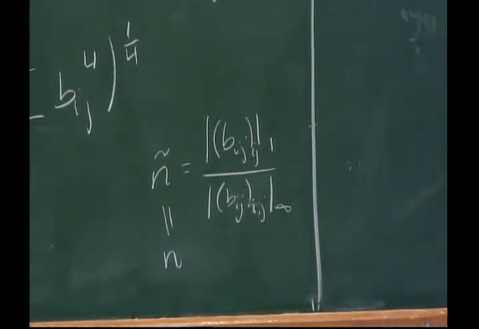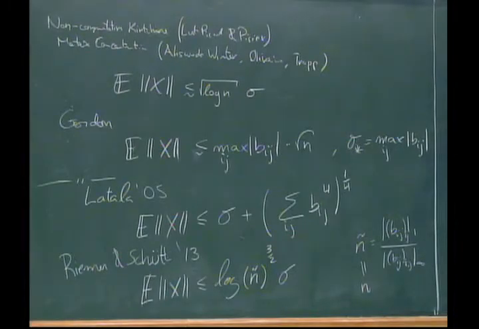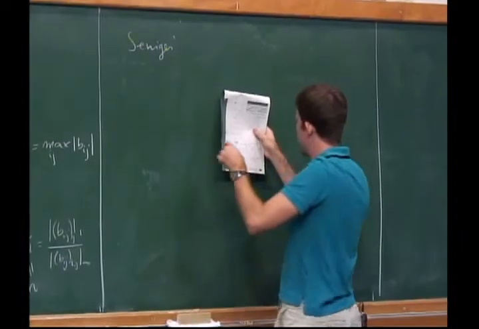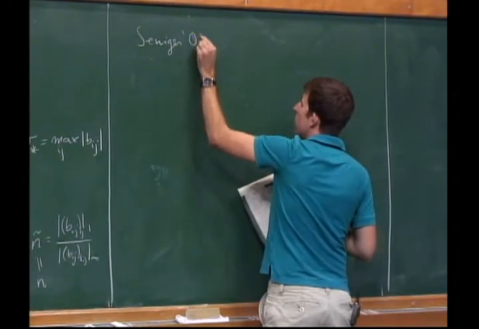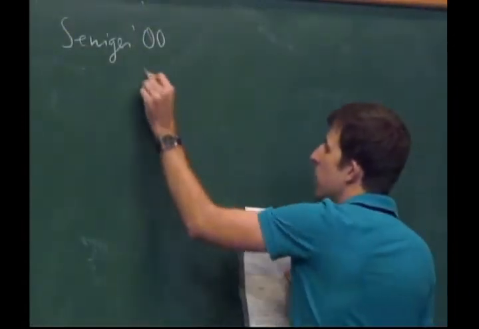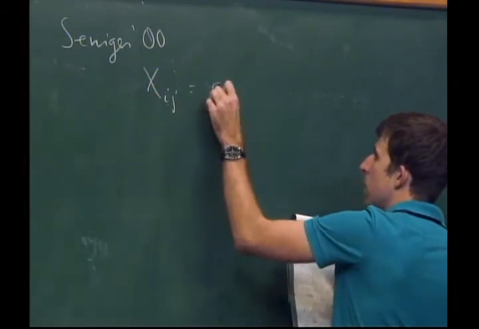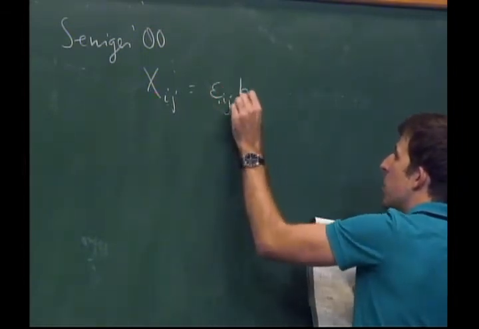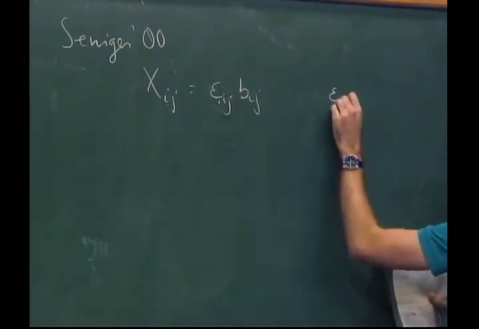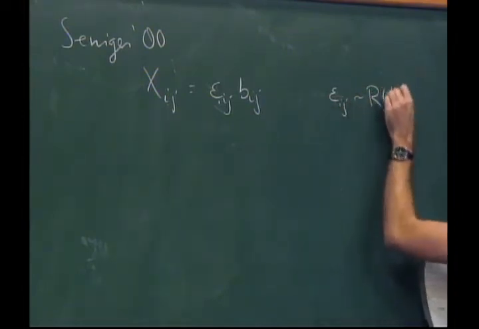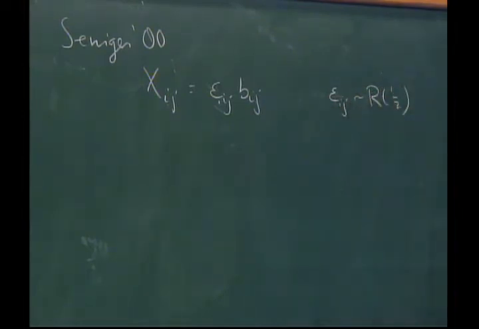And there is yet another result by Seginer. I think this is from 2000. It is for another, slightly different setting. Instead of Gaussians, I have Rademacher random variables, so my x_ij is now equal to epsilon_ij b_ij, where epsilon_ij are Rademacher random variables, so they're -1 with probability 1/2 and 1 with probability 1/2.